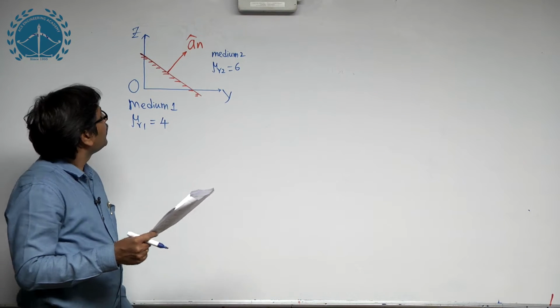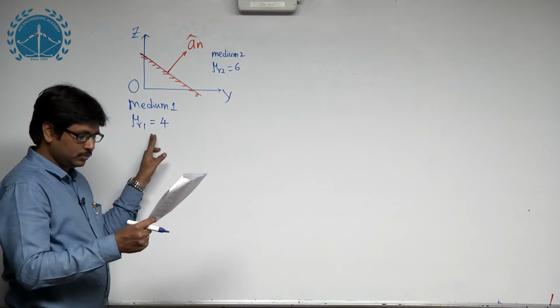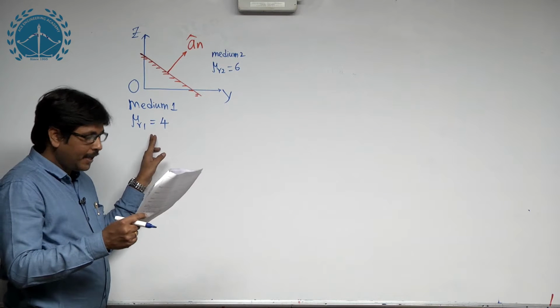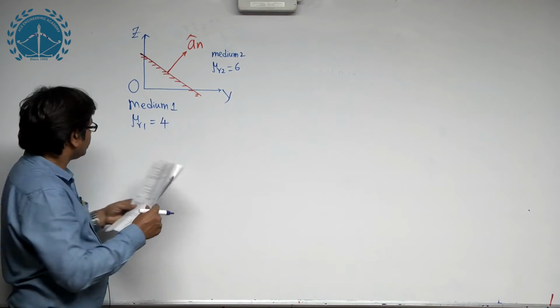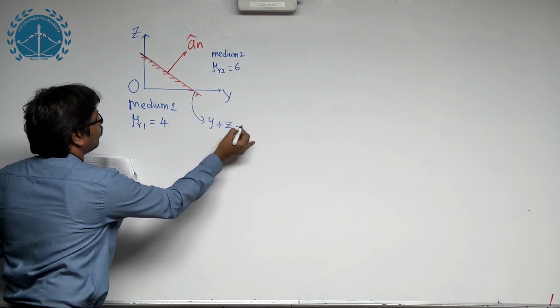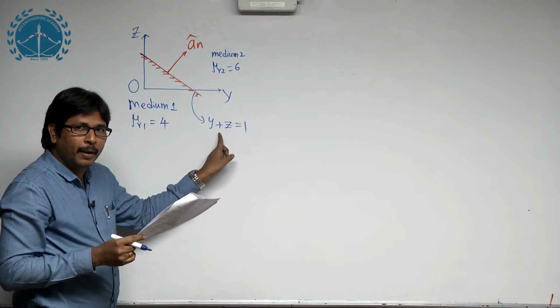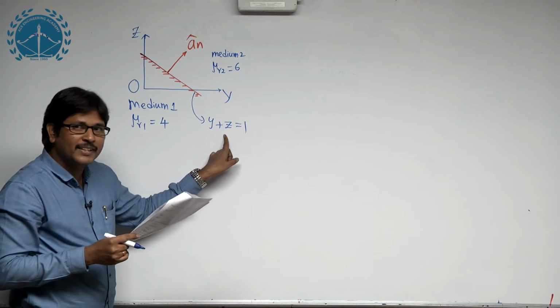In this example, region 1 where mu r1 is 4 is the side of the plane y plus z equal to 1. The equation of the plane which is given is y plus z equal to 1. So, the boundary or interface is defined by a plane equation. It is not a simple boundary.